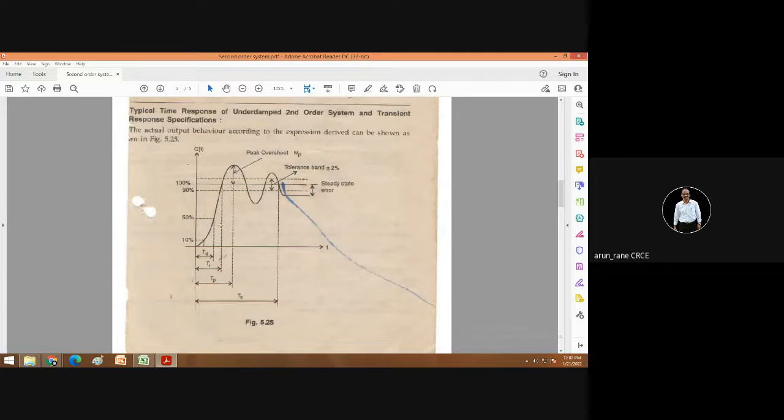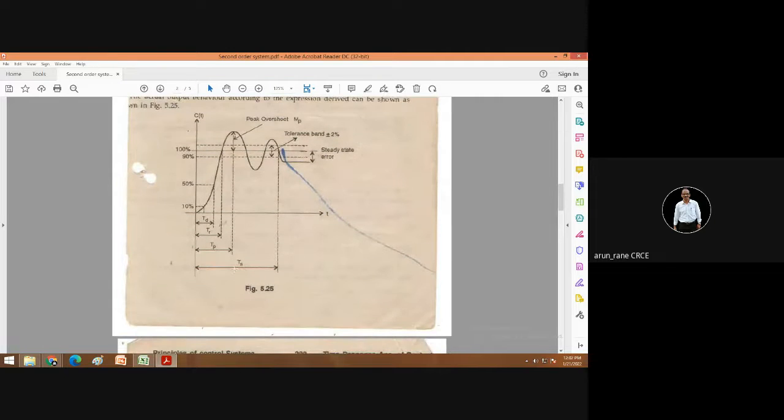It is the frequency at which the system oscillates. Then you have the rise time, that is TR. This is your rise time, TR. That is given by the time required for the response to rise from 10% to 100% of the final value. Here it is 10% to 90% for the overdamped system, and 0 to 100% of the final value for the underdamped system. Underdamped system means a system which is oscillating and then comes to rest.